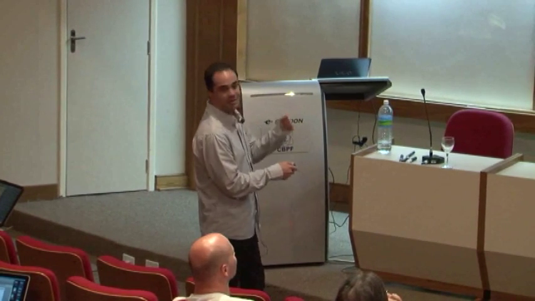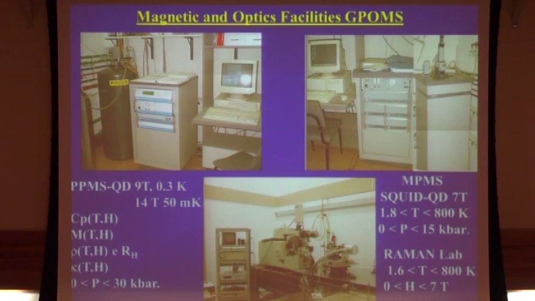We also have two SQUIDs that go to different fields, a 7 Tesla and a 5 Tesla one. We also have a Raman laboratory, Raman spectroscopy, so you can do Raman from 1.6 Kelvin to 800 Kelvin, also as a function of magnetic field.